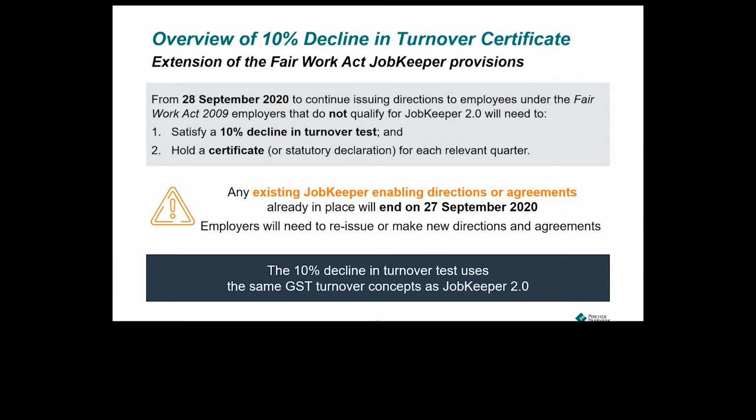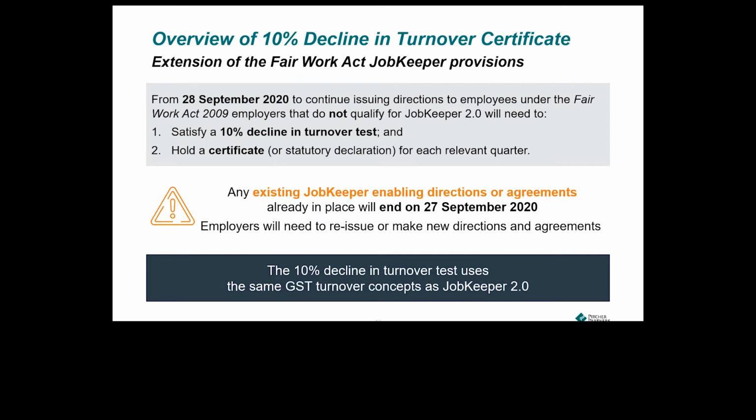So effectively, what the 10% decline in turnover certificate process relates to is the extension of the JobKeeper related provisions in the Fair Work Act, which give employers the ability to issue directions to their employees in respect of things such as reduced hours or being stood down, in respect of altering the employee's place of work or duties, etc. So they are an important tool for those employers that wish to keep issuing those directions under the Fair Work Act.